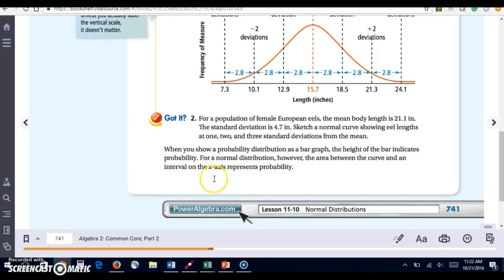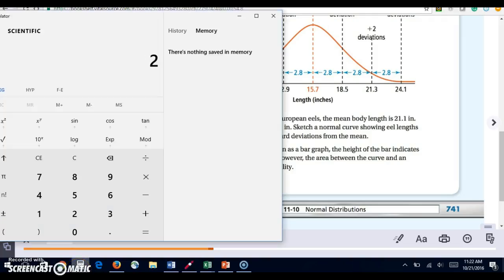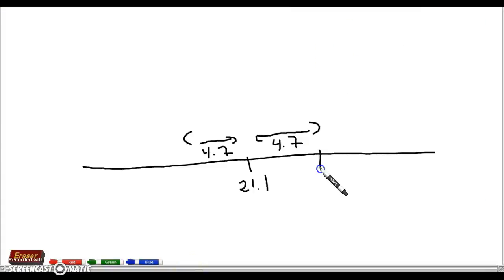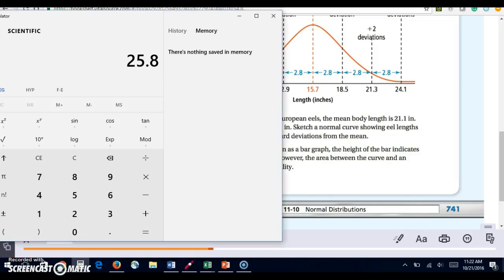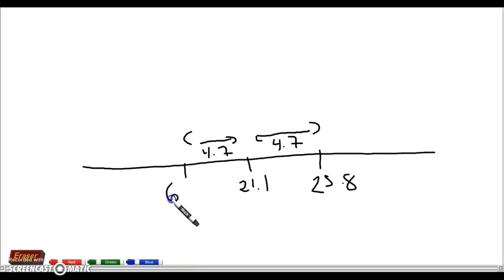So let's find out those values. 21.1 plus 4.7, which is 25.8. Minus, 21.1 minus 4.7 is 16.4. So that's one standard deviation.